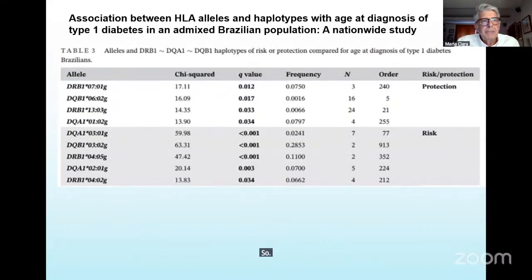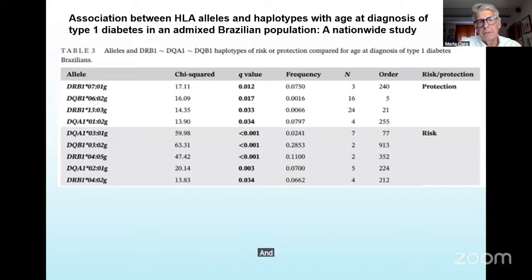So the alleles that were sorted out as protective for age of onset of diabetes, as you know, those people start with the appearance of autoantibodies, and then there is a decrease in insulin production.